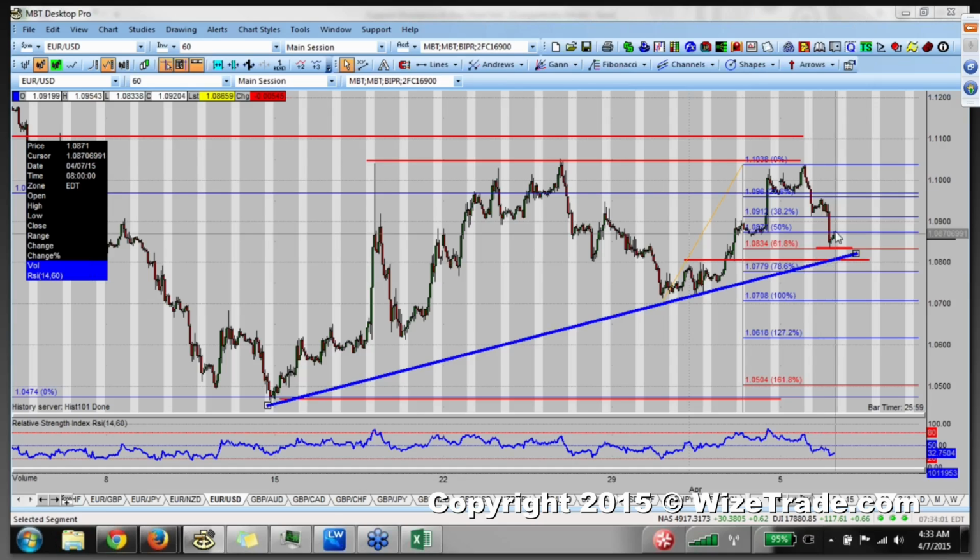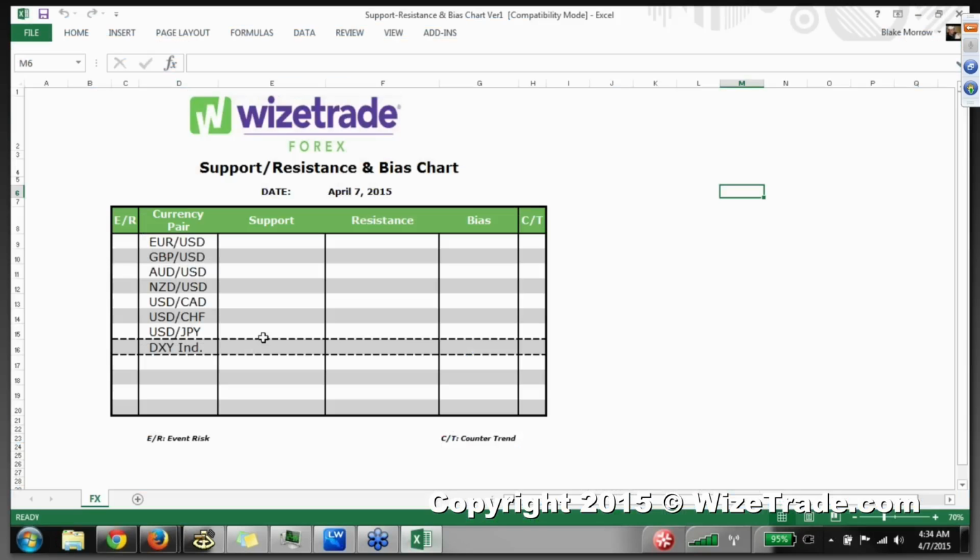The reason why I say that is because of this upward sloping trend line that you see here. But I may be wrong. We could just turn lower and break through that support and then test this low. That could happen, obviously.